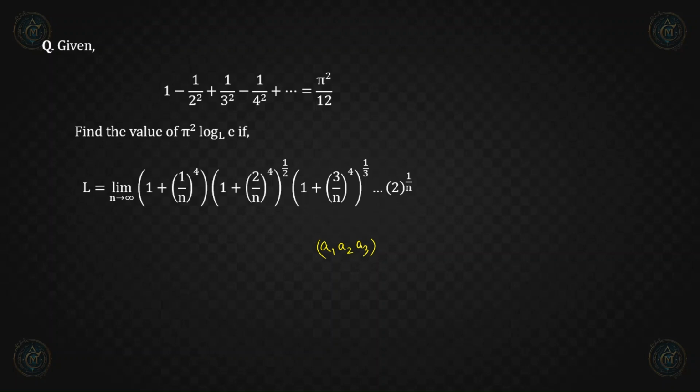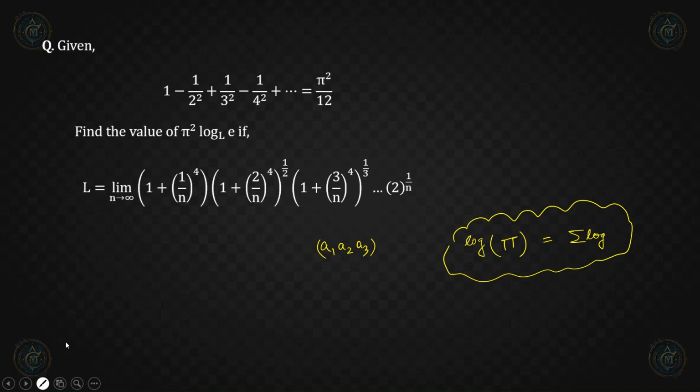The simplest method we have here is taking log. Because we can apply log to this term so that it becomes simply log of a1 plus log of a2 plus log of a3, right? So log of this product becomes simply a summation of logs. This is the concept that we have to use here.